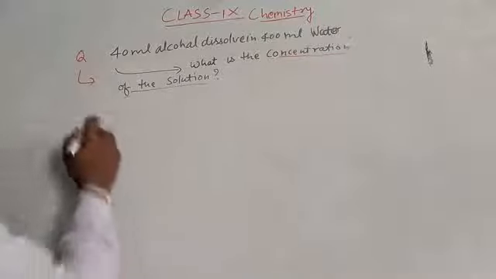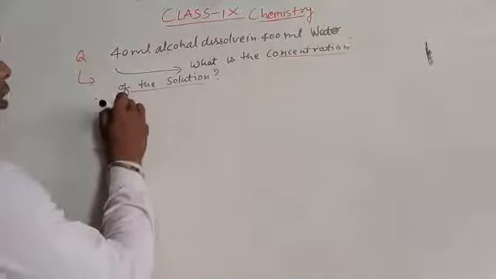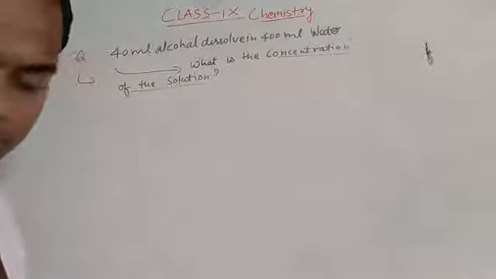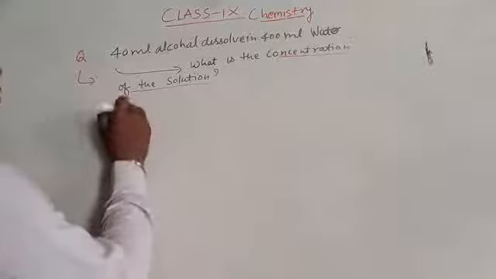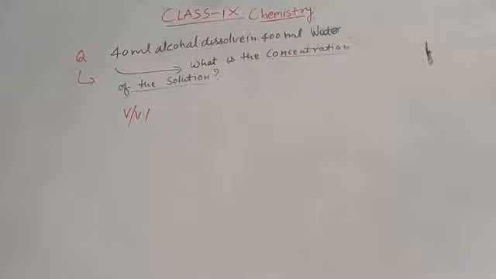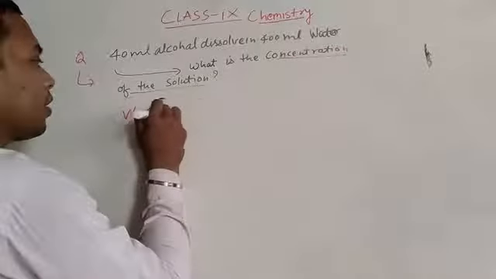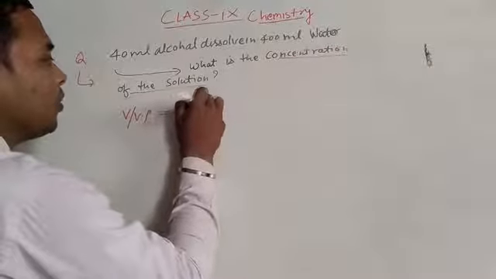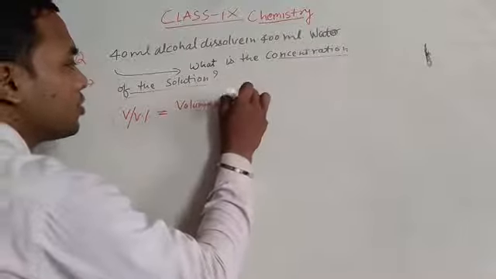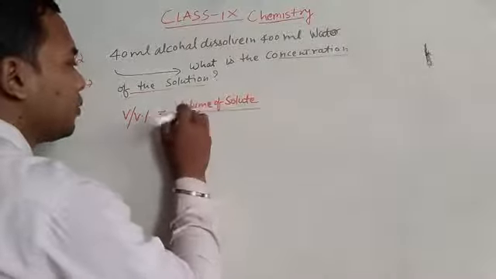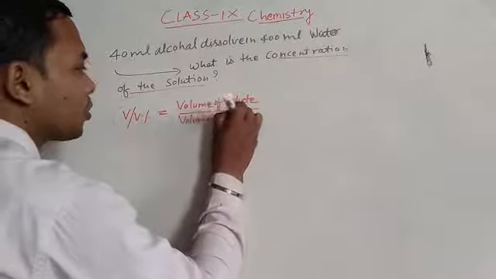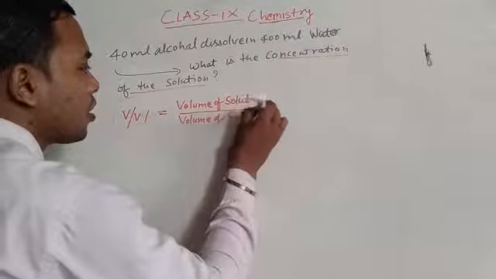तो हम वॉल्यूम बाई वॉल्यूम परसेंटेज कैसे निकालेंगे? So volume by volume percentage is equal to volume of solute divided by volume of solution, the same formula.